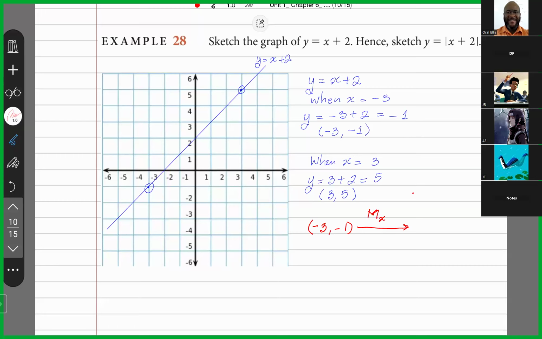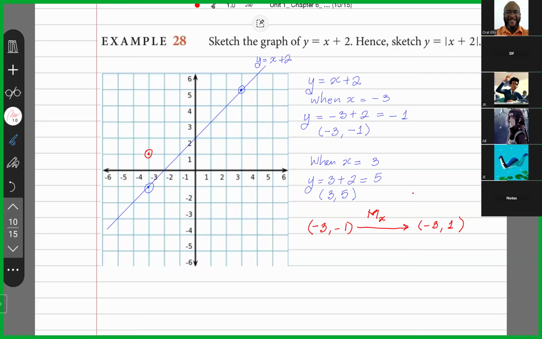If I do, the point is going to become minus 3, positive 1. If you reflect a point in the x-axis, the x-coordinate remains the same, and the sign of the y-coordinate changes. So minus 3, minus 1 becomes minus 3, positive 1.